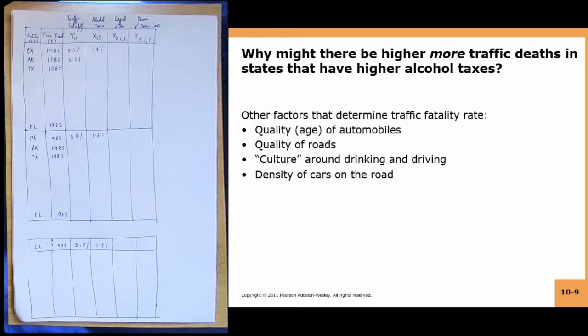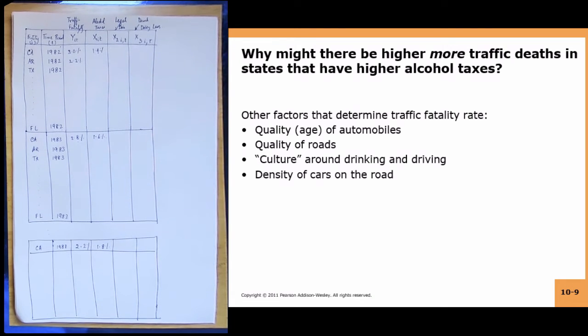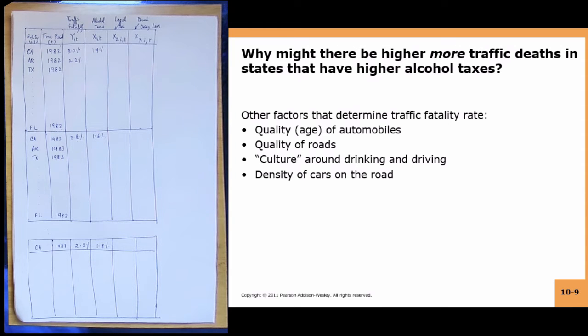Some state that has higher income per capita, those individuals may be able to afford better quality automobiles. So both the car of the person who caused the accident and the car of the person who was hit by another car, if they are of higher quality, then possibly no one may die.